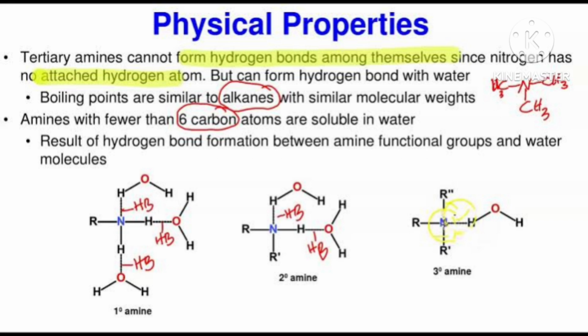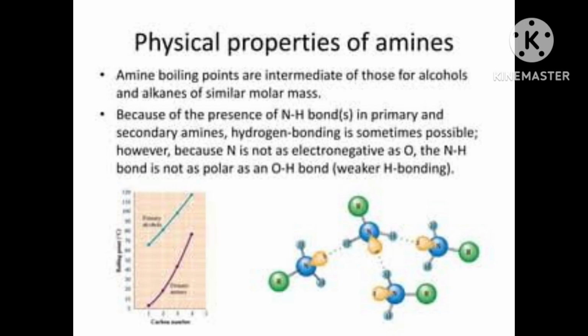Now the next question: the amine produced by Hofmann degradation of benzamide. Benzamide is the starting material and you want to know what type of amine is produced.